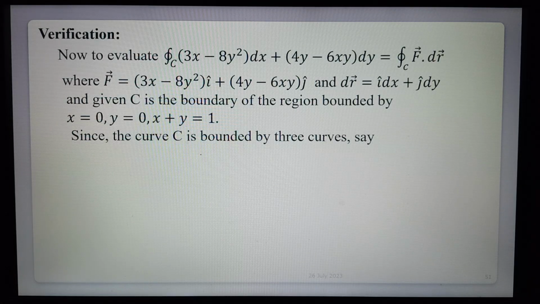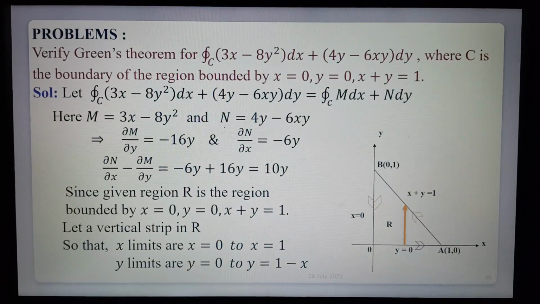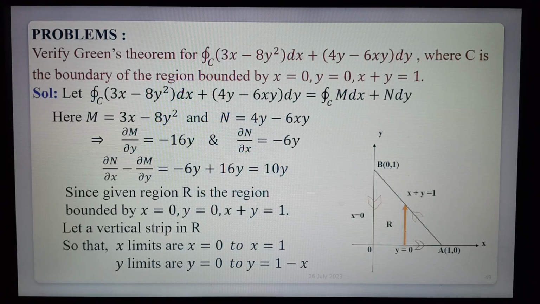Since the curve is bounded by 3 curves, see the graph once again. The boundary C consists of the x axis, the line x plus y is equal to 1, and the y axis. This is the first curve C1, this is the second curve C2, this is the third curve C3.